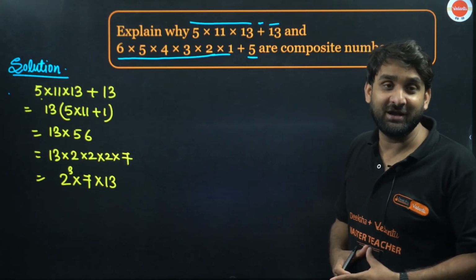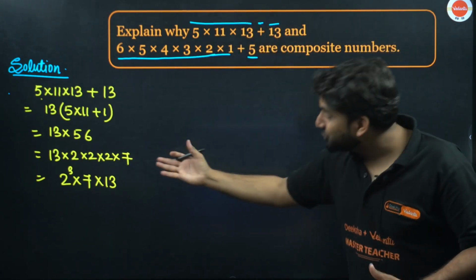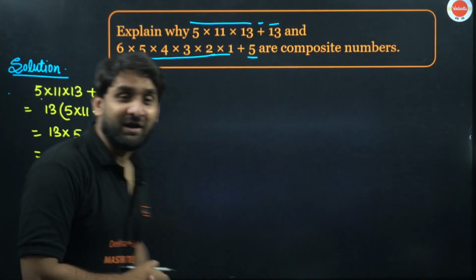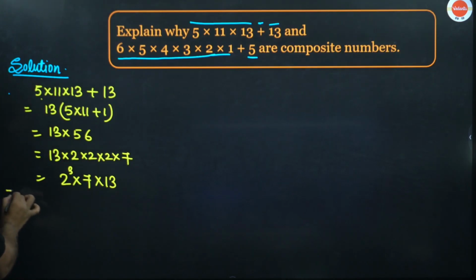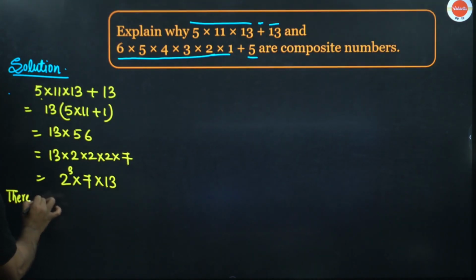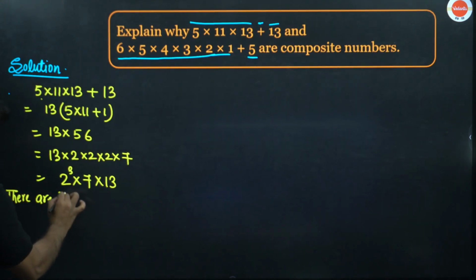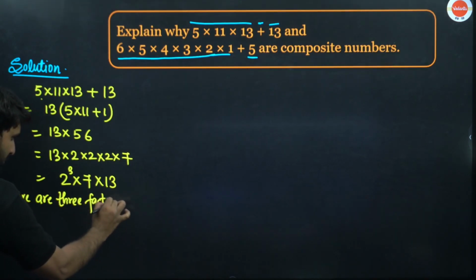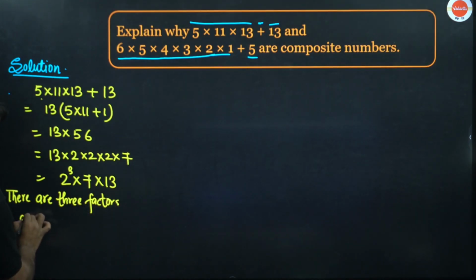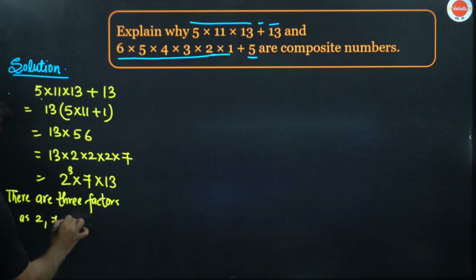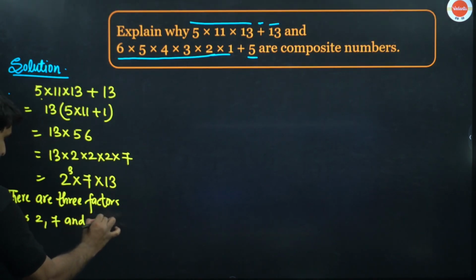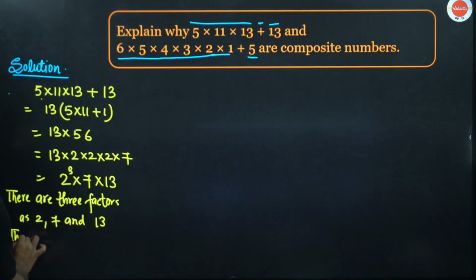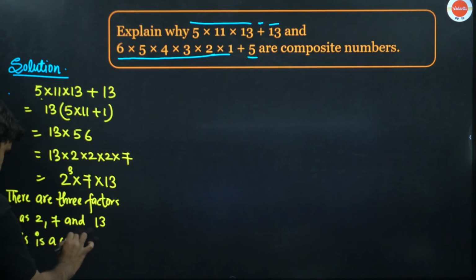It indicates that this entire number has many factors. There are 3 factors: 2, 7 and 13. So this is a composite number.